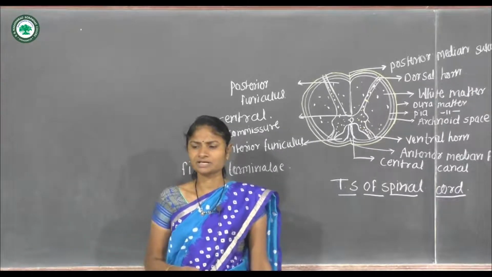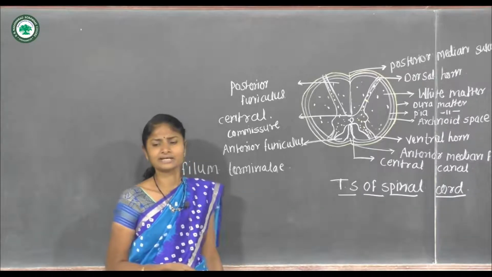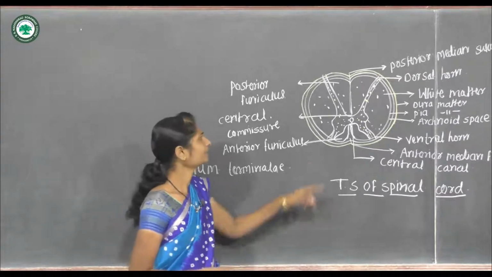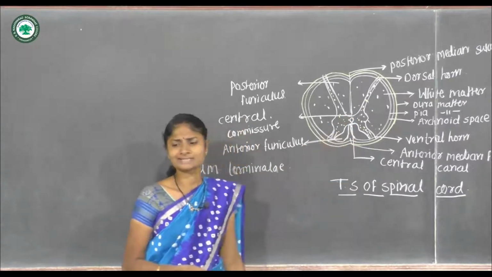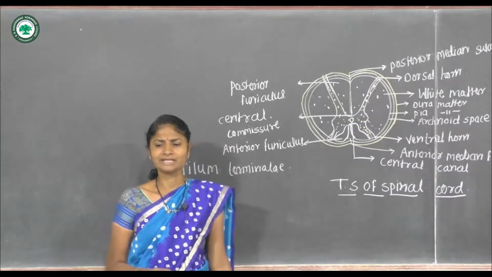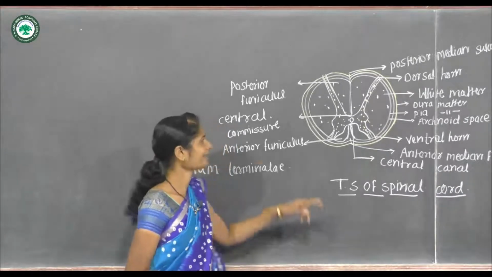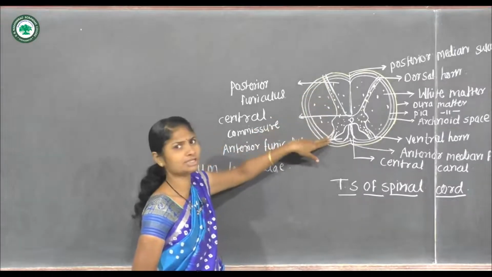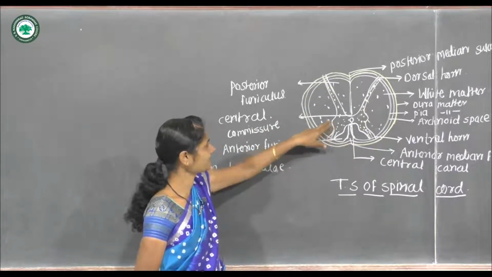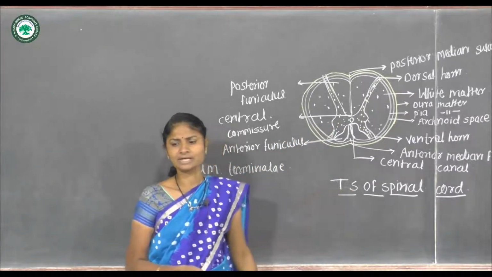At the center, the central canal is present, and it is surrounded by dorsal and ventral commissures present in between the anterior and posterior horns. Gray matter extends laterally in between the anterior and posterior horns, and these are called lateral horns.